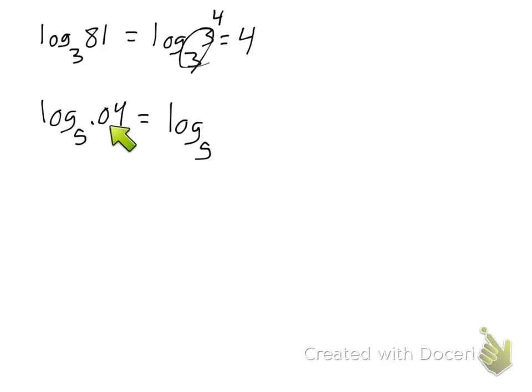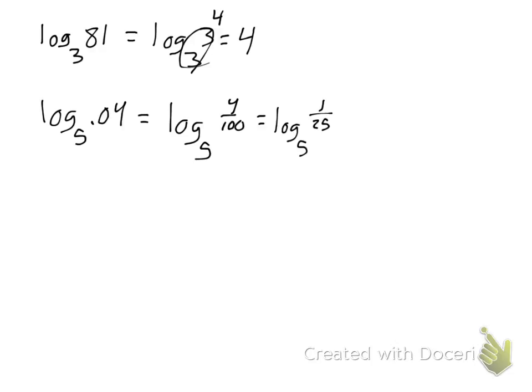That's tenths, hundredths. So that's 4 hundredths. Can you simplify 4 over 100? Isn't that 1 over 25? Wait a minute, 25 is a power of 5, isn't it?